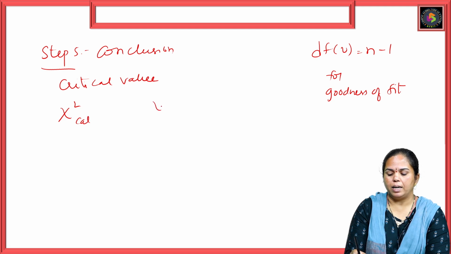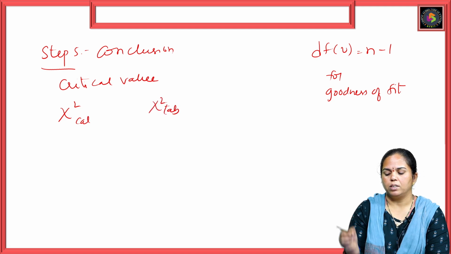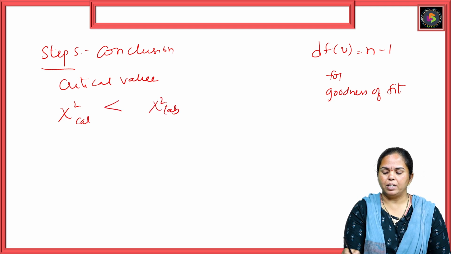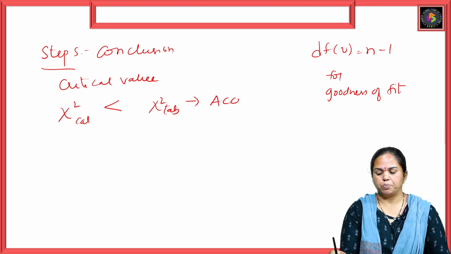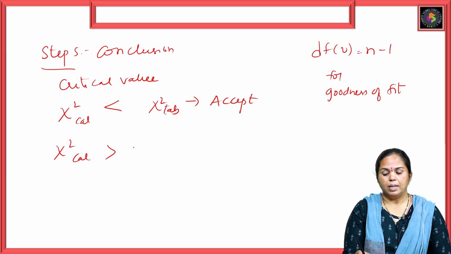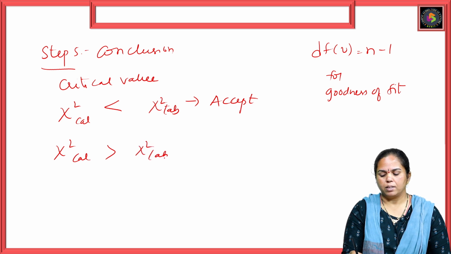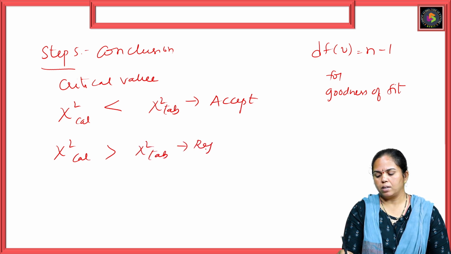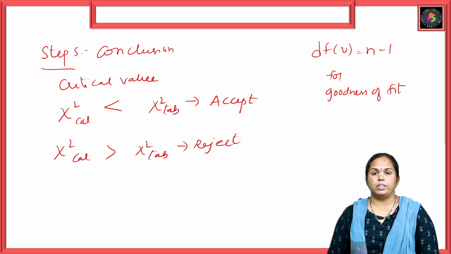Chi-square calculated and chi-square tabulated. If tabulated is greater than calculated, accept it. If tabulated is less than calculated, reject it.